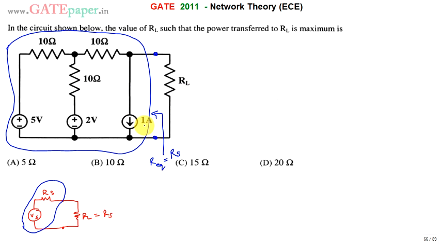Any complex network can be converted into this Vs Rs form using Thevenin's theorem.